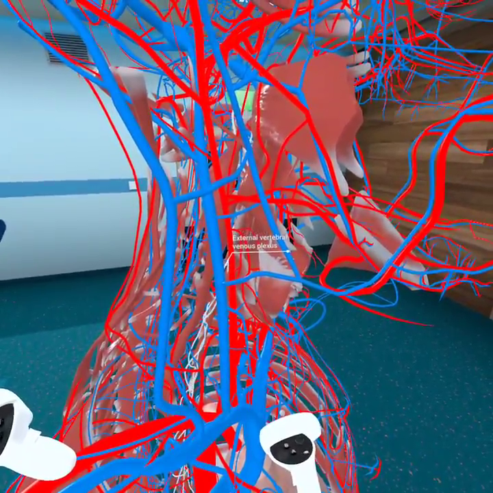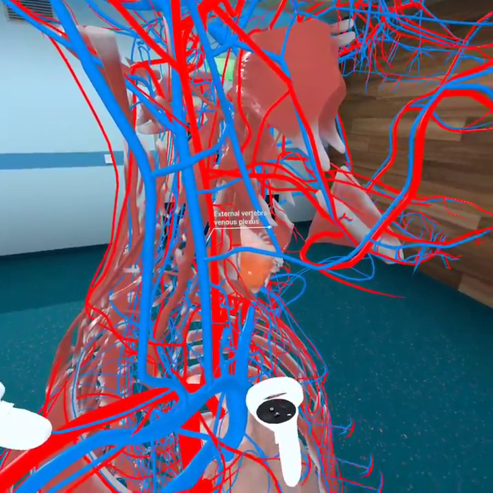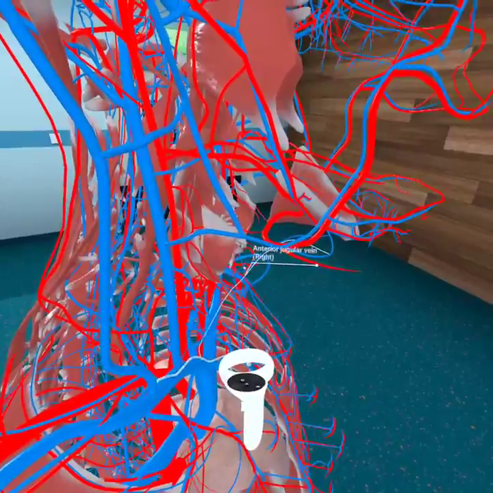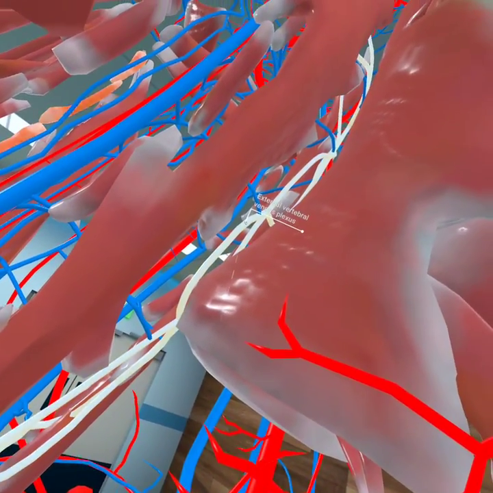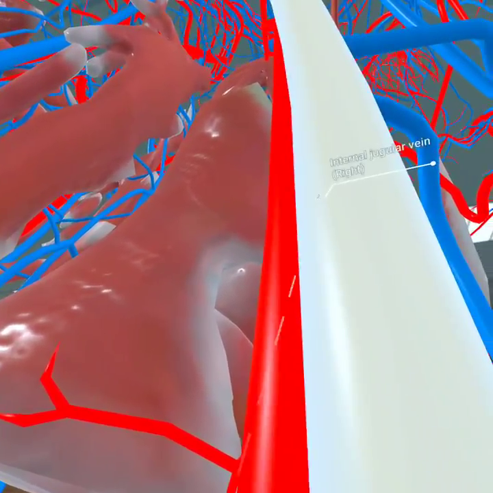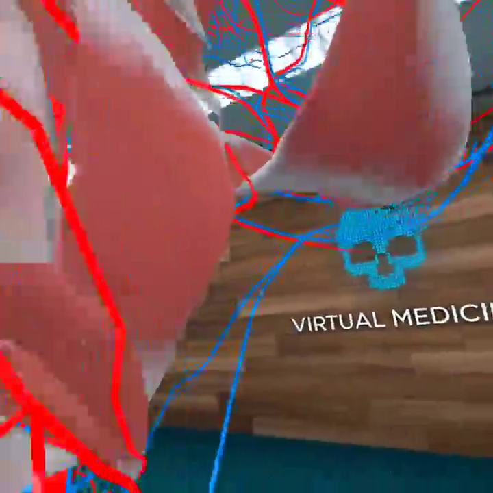Vertebral, external vertebral, facial, anterior jugular. Let's see, in here, external vertebral. Okay, so you can't really find it. I don't want to spend too much time just looking around.